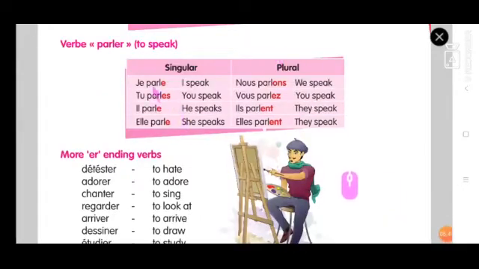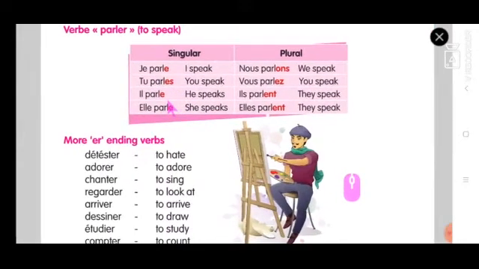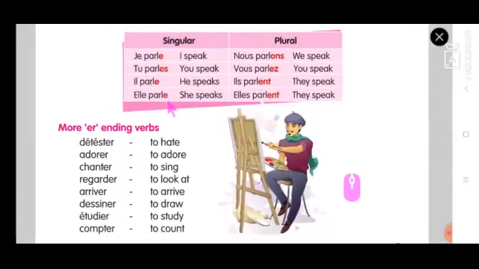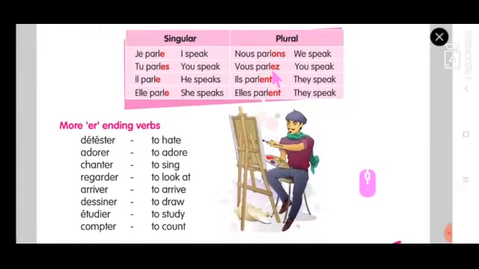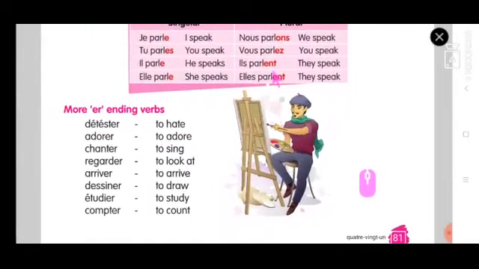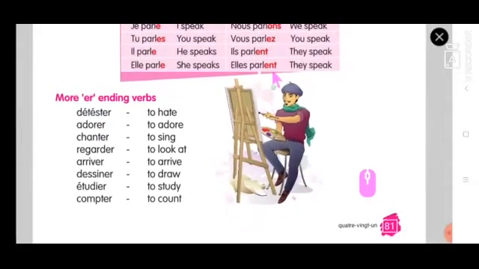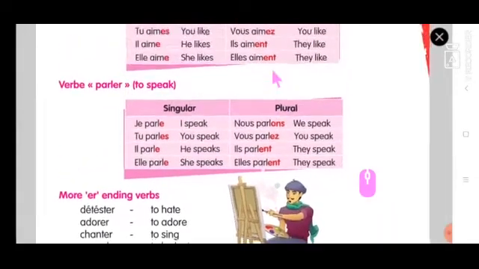Once again, je parle, tu parles, il parle, elle parle, nous parlons, vous parlez, ils parlent, elles parlent. So this is the parler verb.